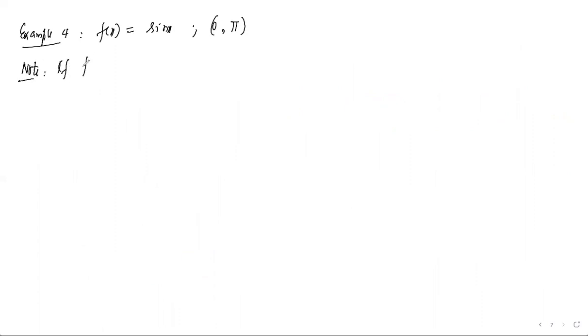If f is convex, then minus f is concave. And in fact, conversely also, if f is concave, then minus f is convex. Now, this is an example that you will try yourself. This is one more note that if f is convex, then minus f is concave.